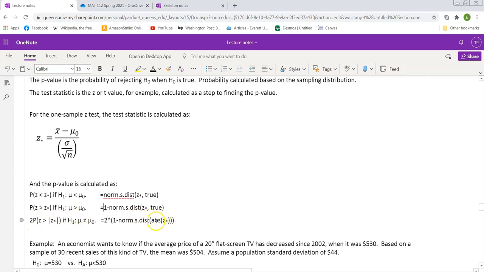So here in this formula, let's work from the inside out. The absolute value of the test statistic is ABS of z star, and I should put comma true in there. And that's showing up in the subscript, but that's all right. And then the probability that z is greater than that is going to be 1 minus NORM.S.DIST of ABS of z star, and this should go outside this set of parentheses here.